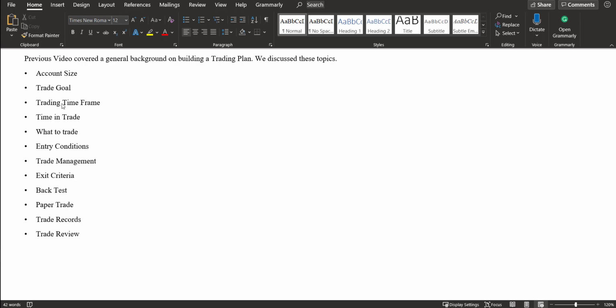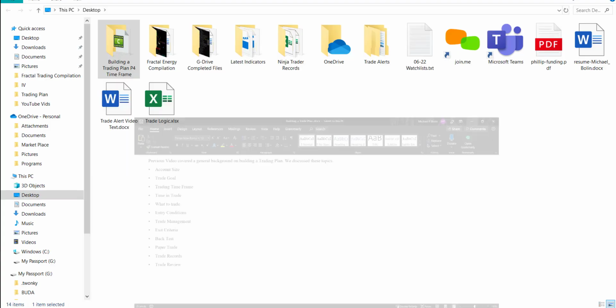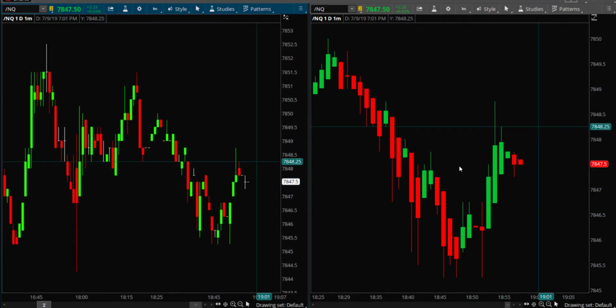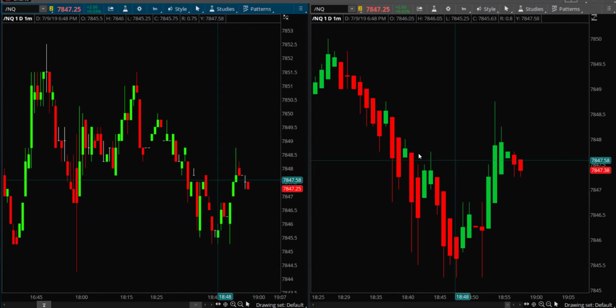This is what charts you're using in your strategy, what time frame are on your charts. That doesn't have to necessarily be time either, it could be a tick chart. We need to establish what time frame you're trading in or using when you're looking at your charts.